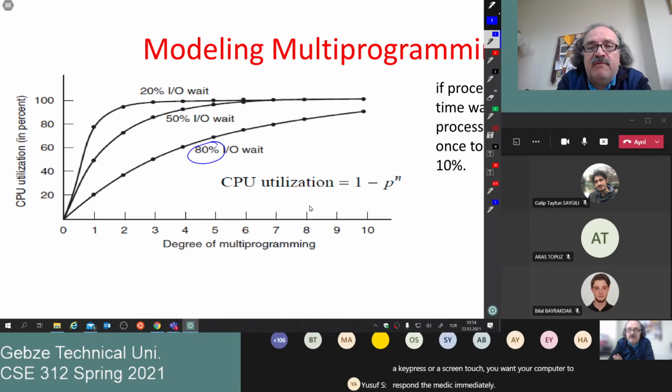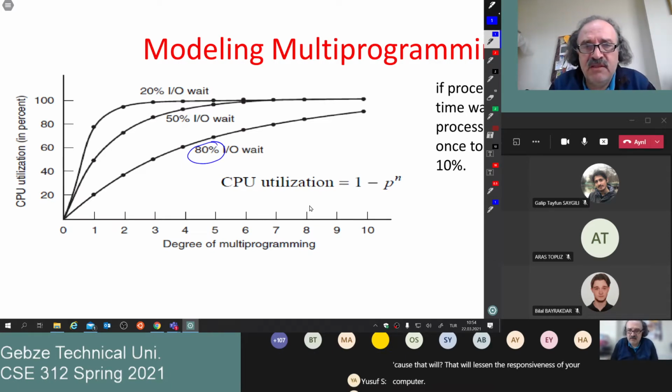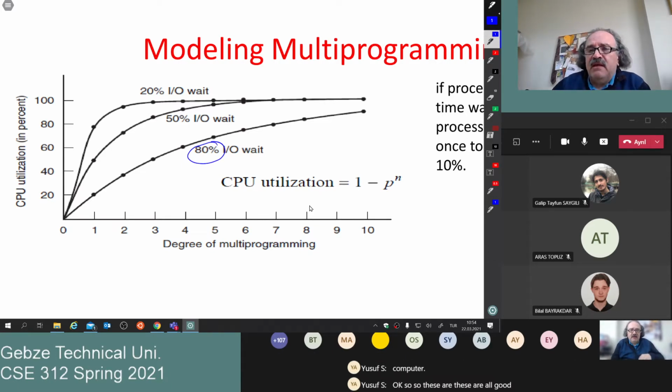So for mainframe computers, you want your CPU to be very busy. But for your mobile devices and everyday computers, you don't want your CPU to be busy all the time, because that will lessen the responsiveness of your computer. So these are all good graphs.